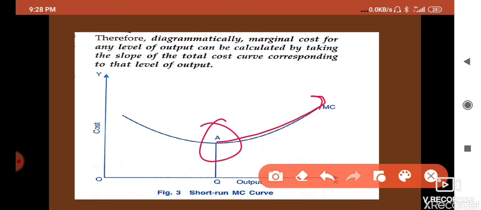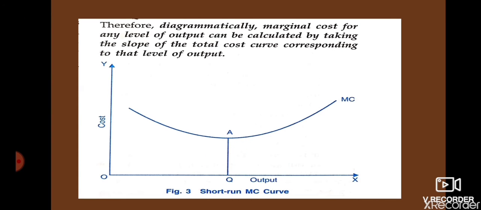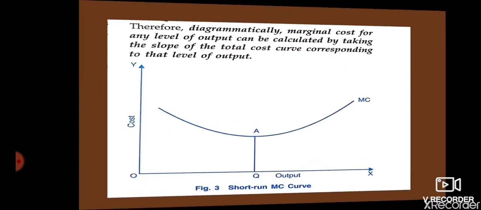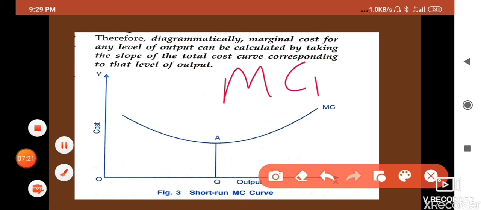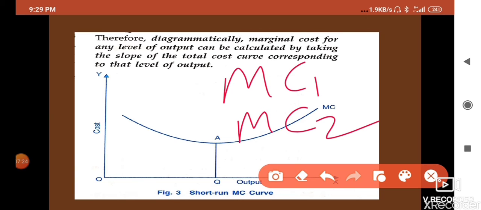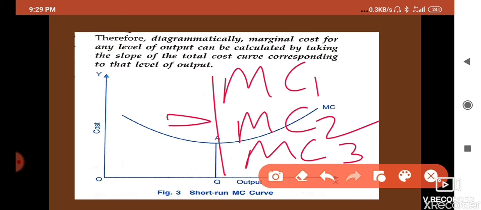Now, finally, the fourth thing I am going to discuss is that TVC is the sum total of the different MCs. So MC1, MC2, MC3 are all related to, or together equal to, the TVC of the last one.